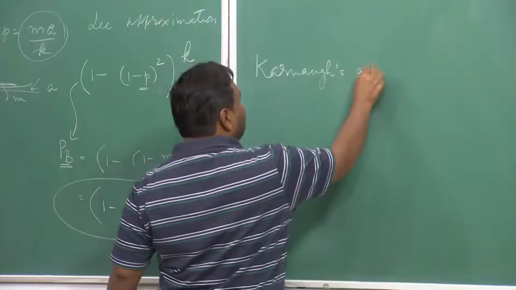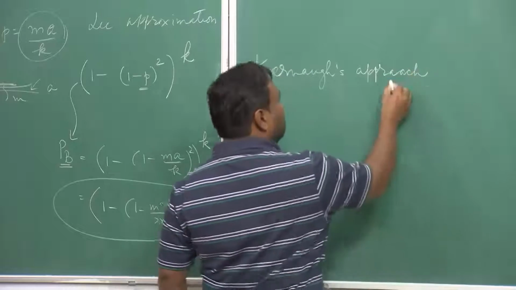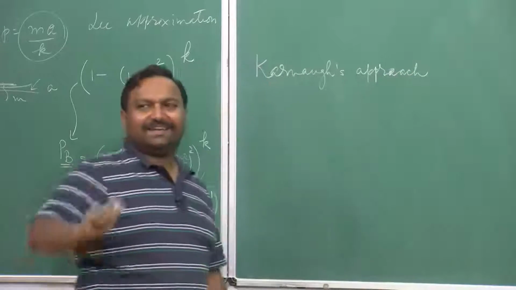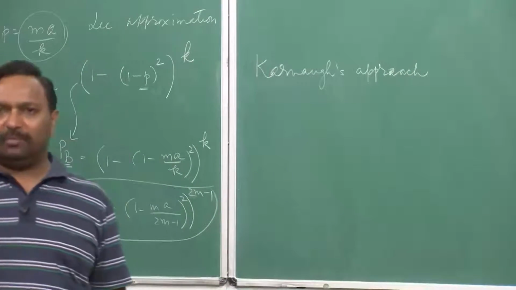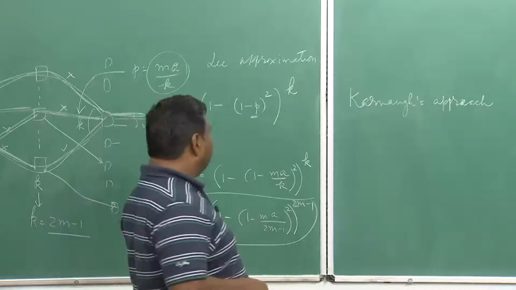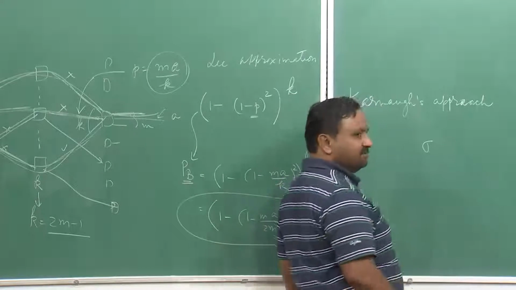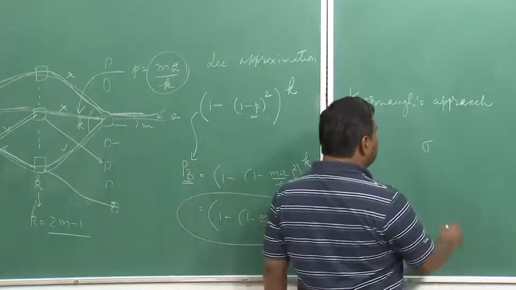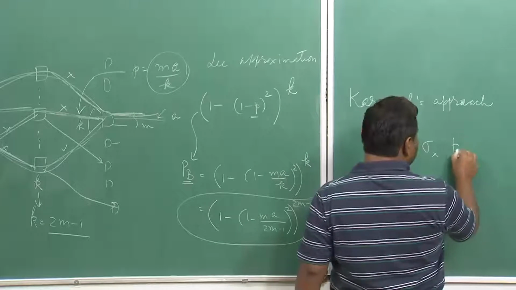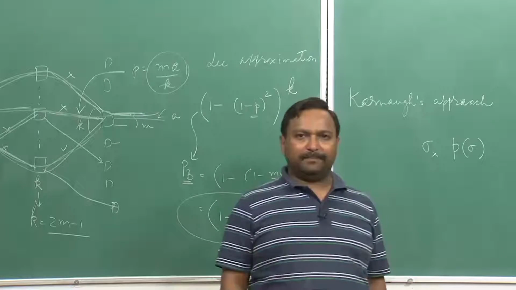Carnot's approach will give you a more exact blocking probability, but this will be the call loss probability. We will represent the switch by some state sigma, and then there is a call arrival probability which depends on sigma.